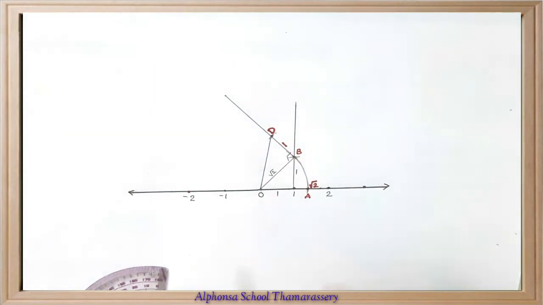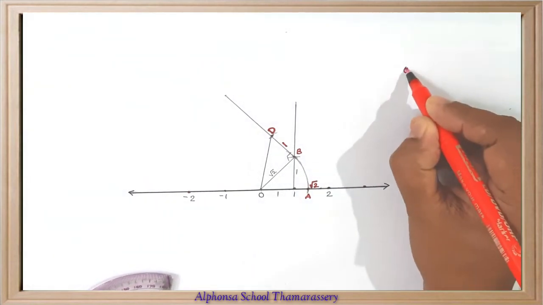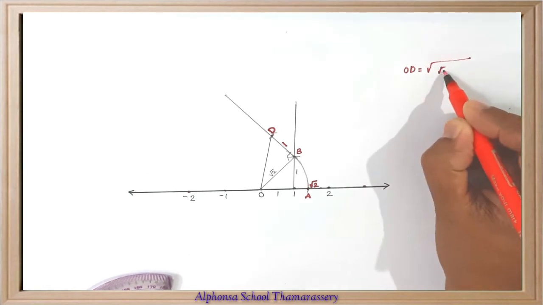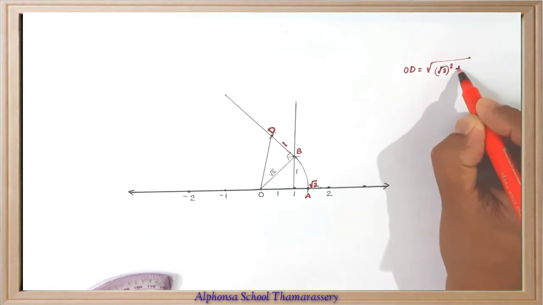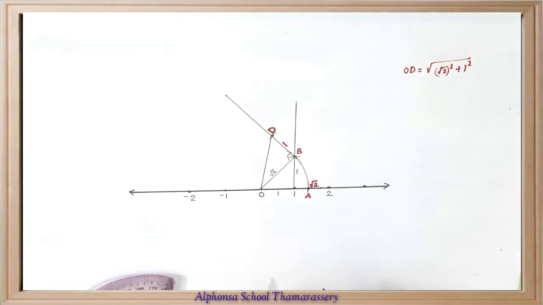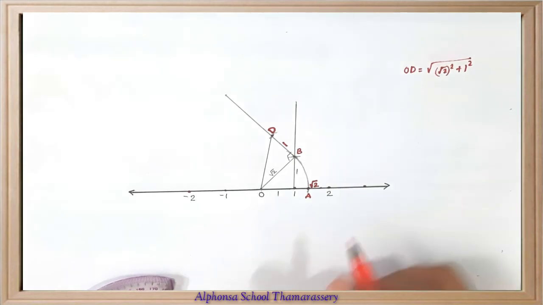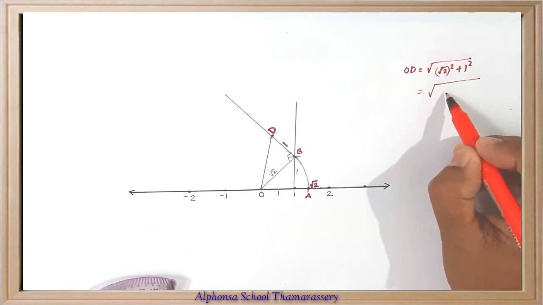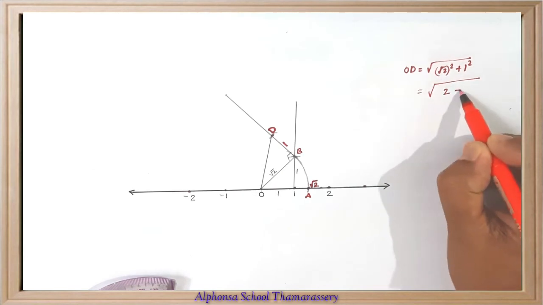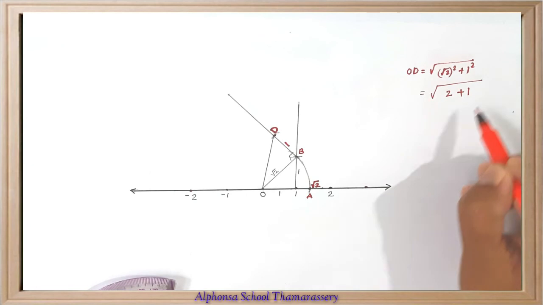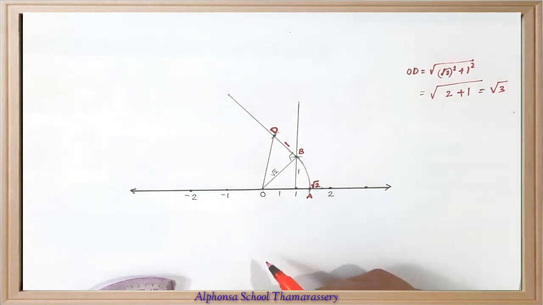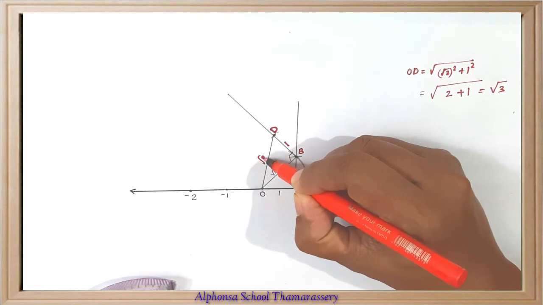So the length of OD, using the Pythagoras theorem, is equal to square root of root 2 whole square plus 1 square, base square plus altitude square, which is equal to square root of 2 plus 1, which is root 3. So we got the length of OD is equal to root 3.